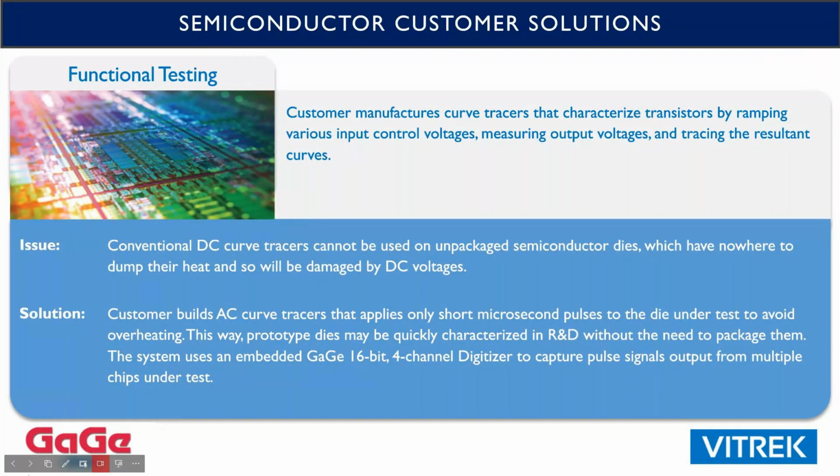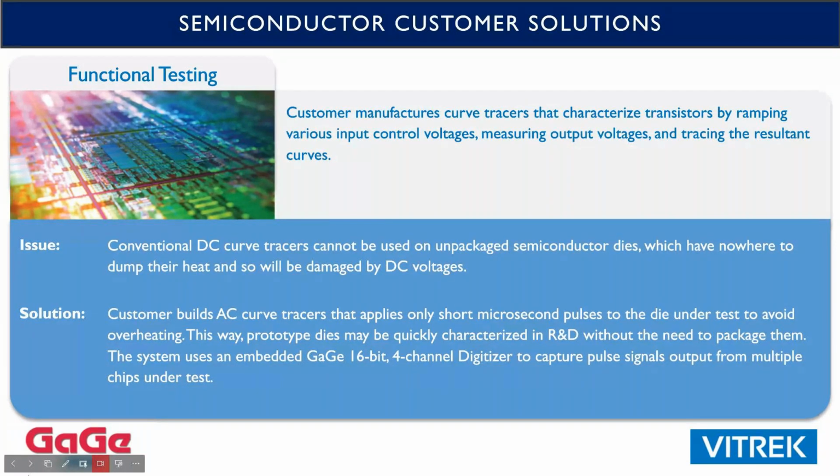Again, they use a 4-channel digitizer, so they can run 4 of these heads in parallel. We actually developed for them custom firmware that allows for calculation of a data histogram on board the card, since all they need ultimately is a histogram to determine the nature of the signals that come off.